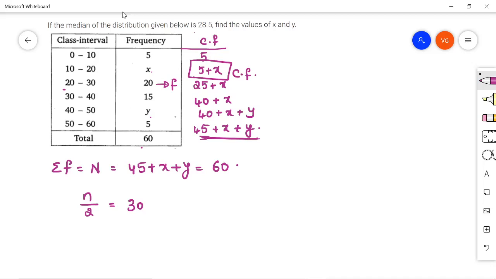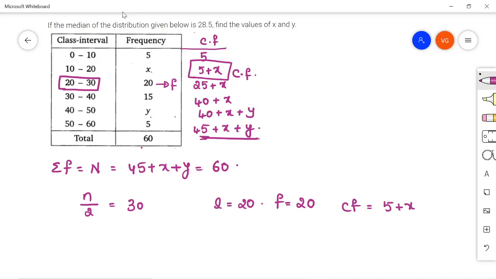The corresponding median class is 20 to 30. So the median class lies in the class interval 20 to 30. From here I can write L is equal to 20, the lower limit, and f is equal to the corresponding frequency, 20. The cumulative frequency just above is 5 plus x.